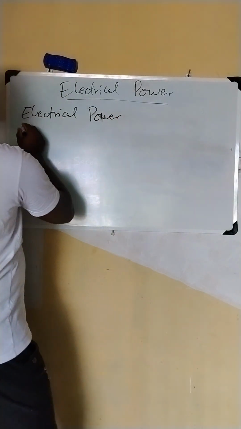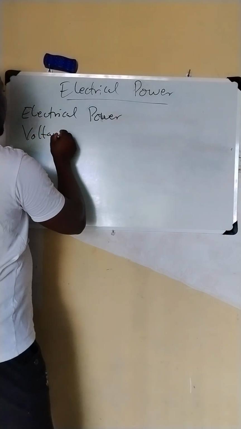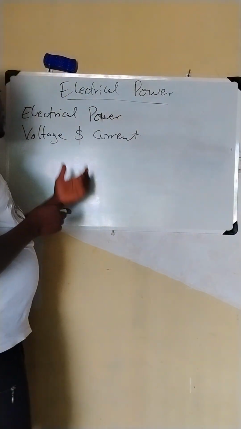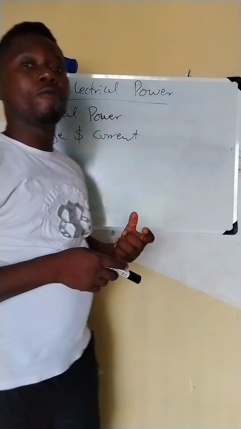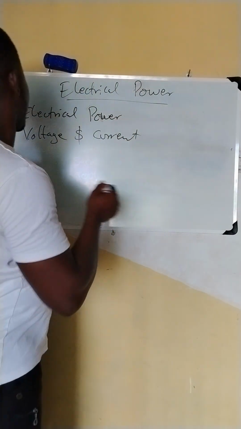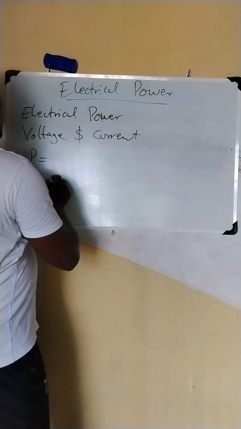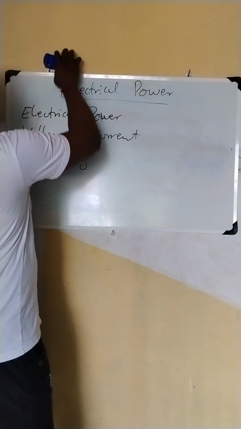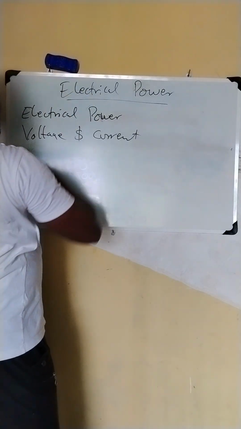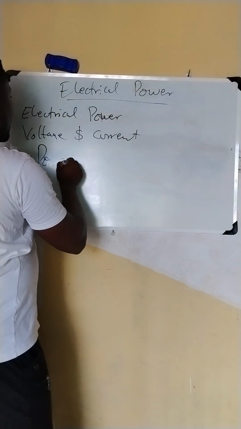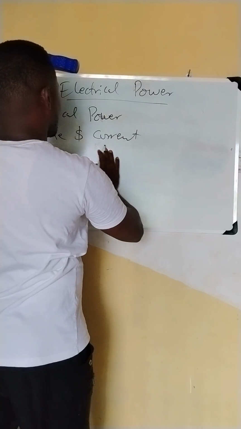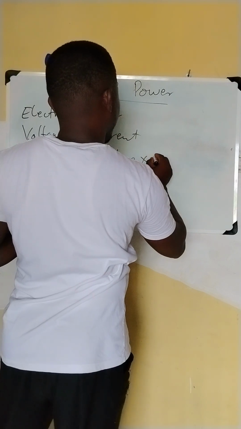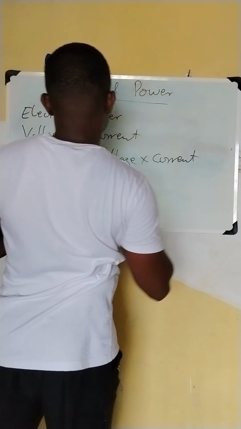When you are talking of electrical power in terms of voltage and current, power is equal to voltage multiplied by current.